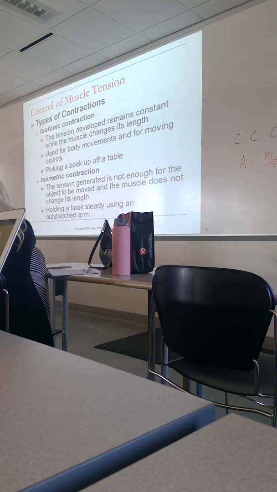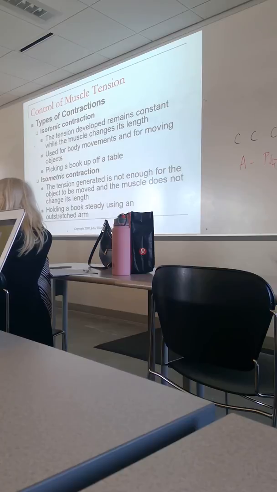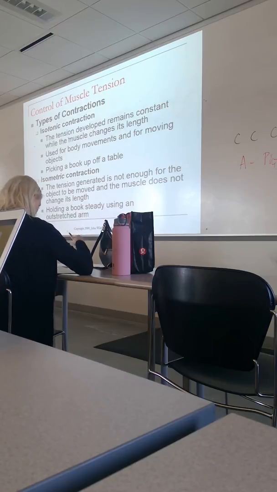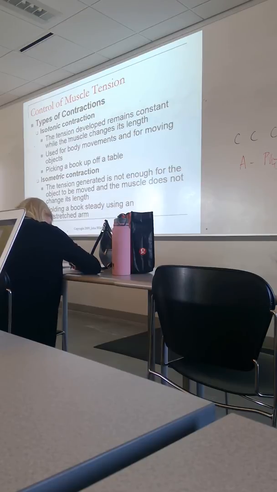As far as muscle contraction is concerned, there's actually two types of contraction: isotonic and isometric. Those are the two ways that our muscles contract. Iso means it doesn't change or the same. You know what metric means? Metric, a kilometer, centimeter.